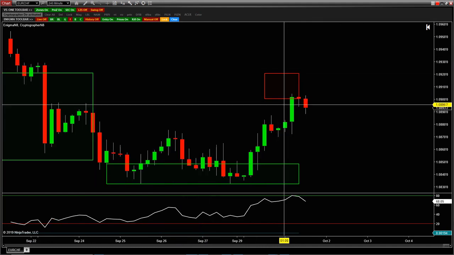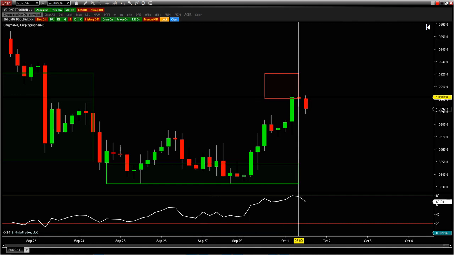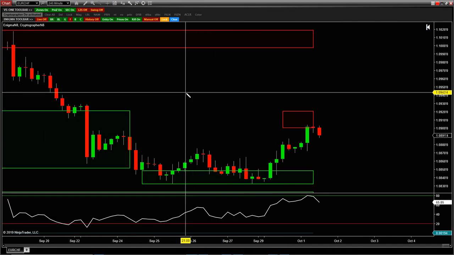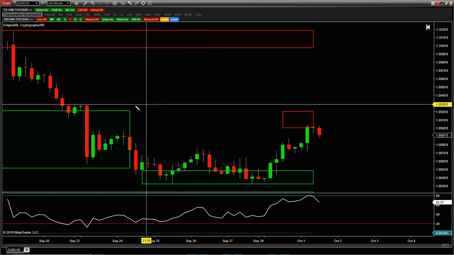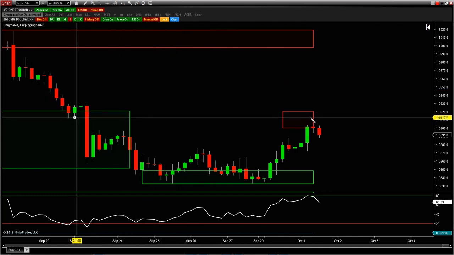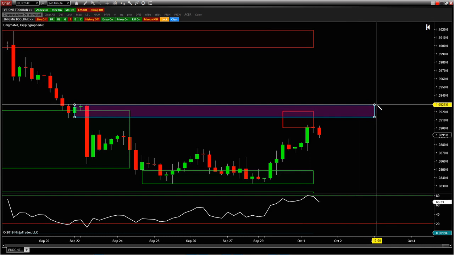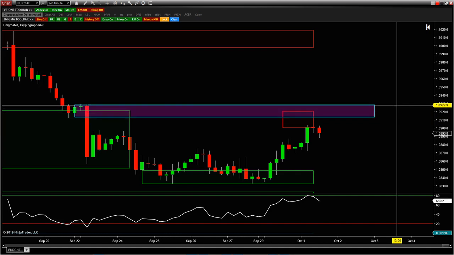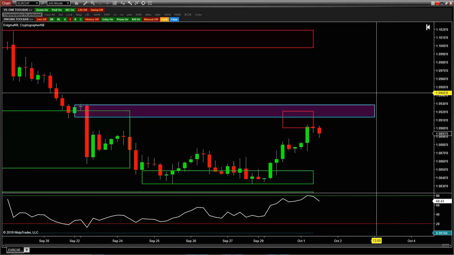The next level of structure that was on my radar for this, I'm not even actually sure why this is on my radar now. Short set structure: if we return to this zone between about 109.11 and about 109.29, it's going to be the next level to look for potential shorts.